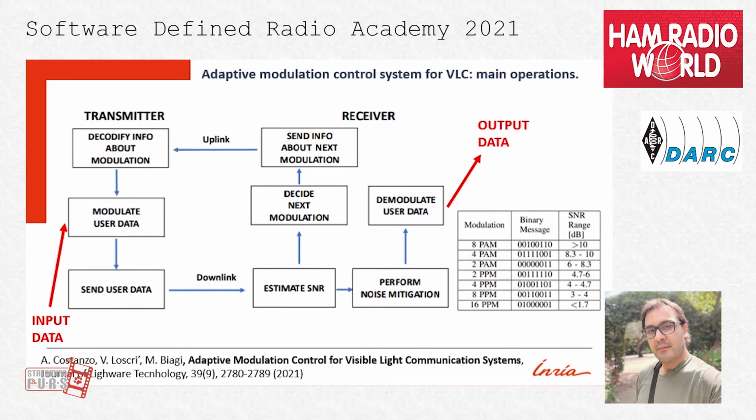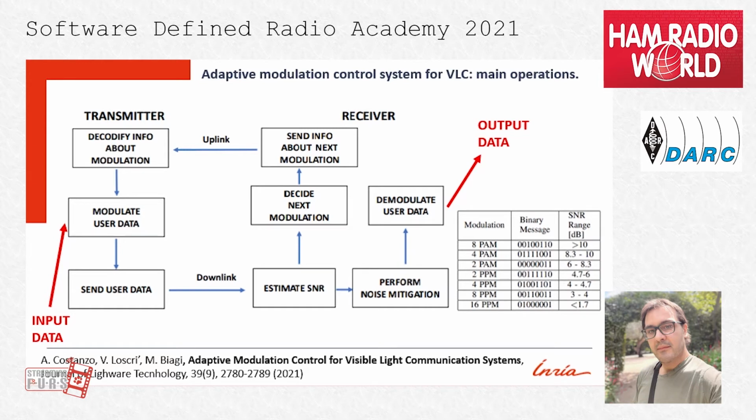In this system, we need obviously an uplink channel for communicating back to the transmitter the information about modulation control. So input data are modulated. They are sent to the receiver, which estimates signal-to-noise ratio. It further performs also a noise mitigation, and demodulates the data. But at the same time, the receiver decides, according to the criteria in that table, the next modulation, which is communicated back to the transmitter using the feedback channel.